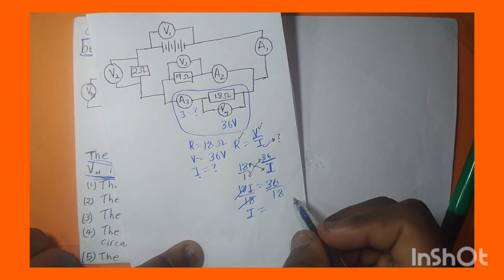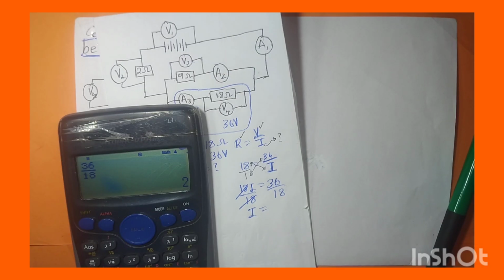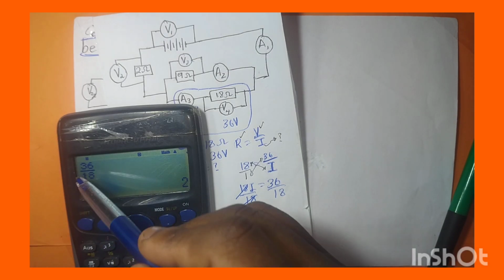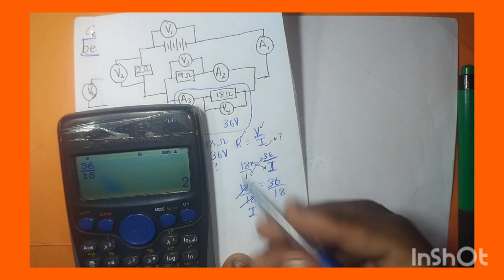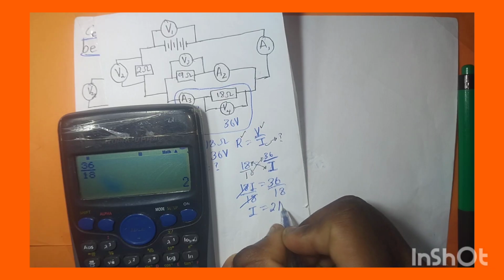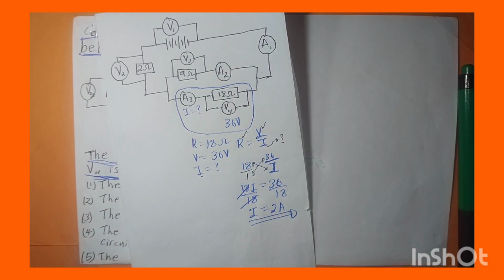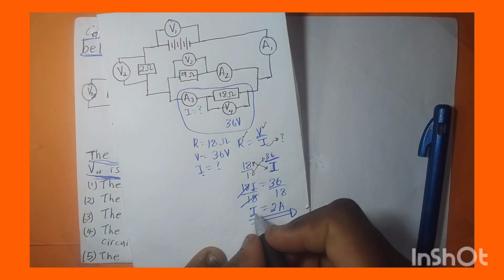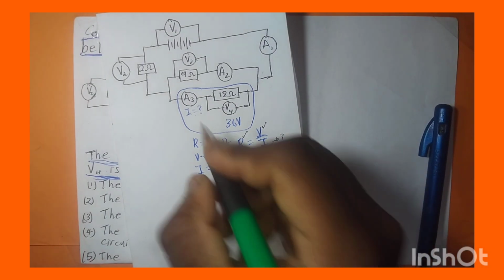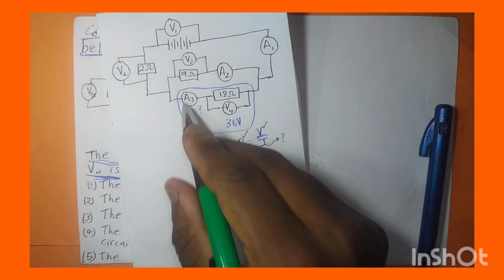So you can press this on your calculator, and you'll get 2, meaning it's 2 amperes. So the current we are calculating is current 3. It is this current there, current 3.